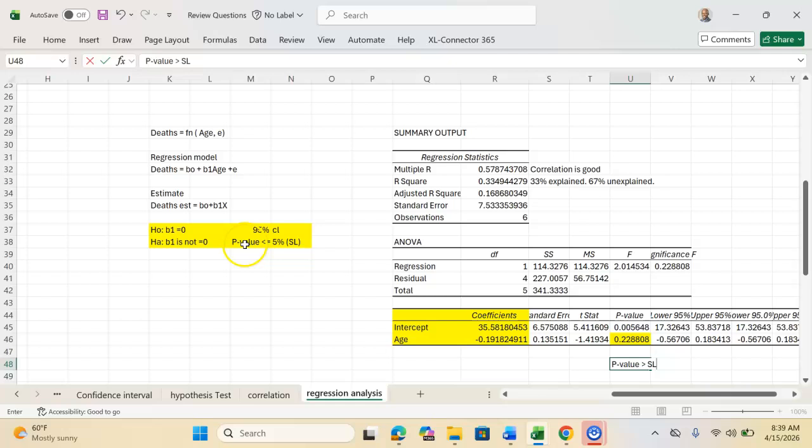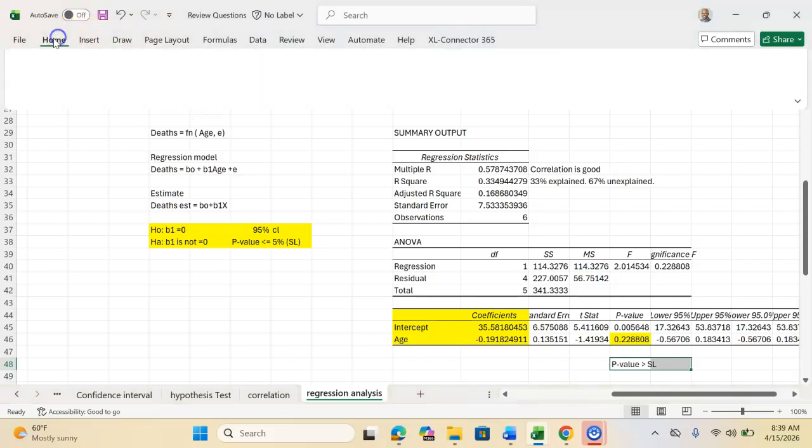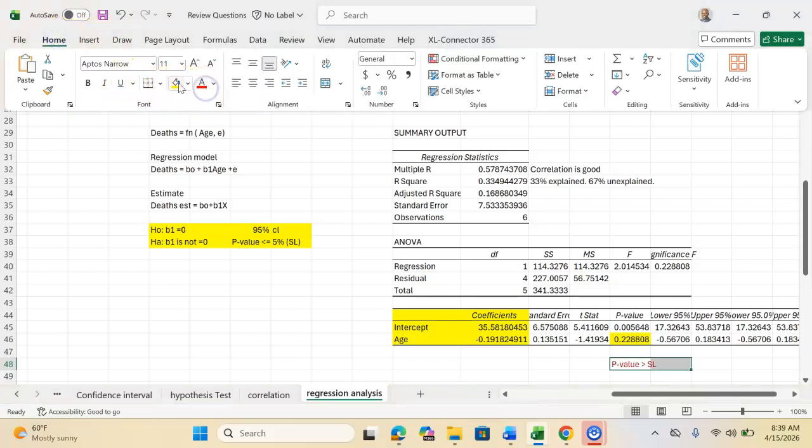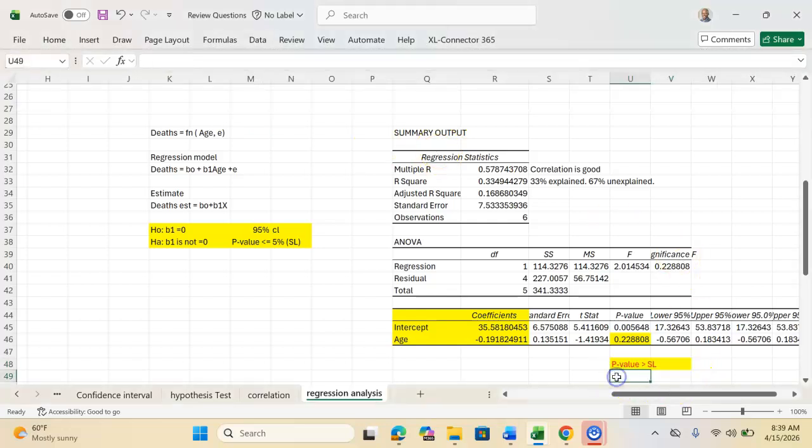The p-value should be less than or equal to the 5% significance level, but this p-value is actually greater. And if the p-value is greater than the significance level, then age is not significant, or this slope is not significant.